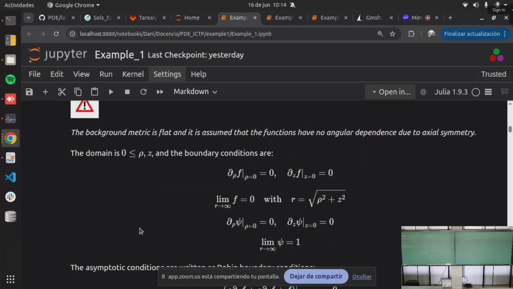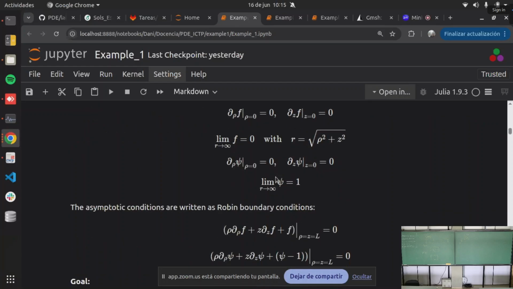And the boundary conditions that we would like to impose are this one, Dirichlet for the origin, and for the infinite boundary, we would like to impose this one and this one.